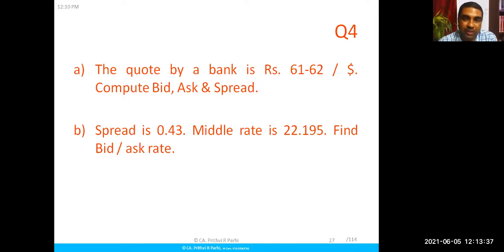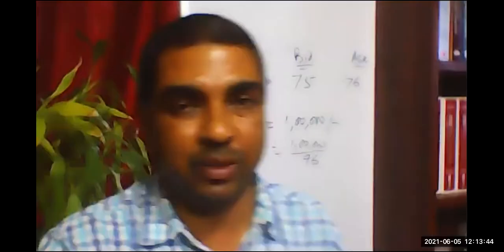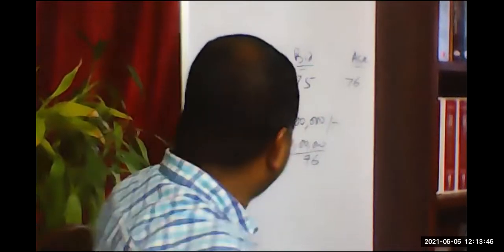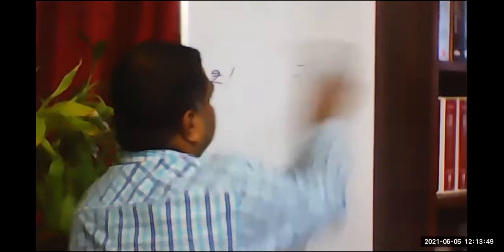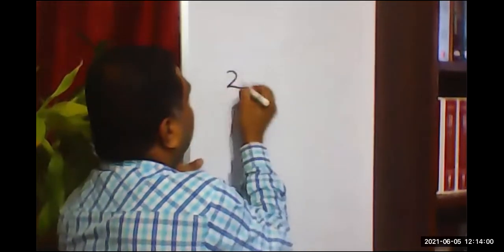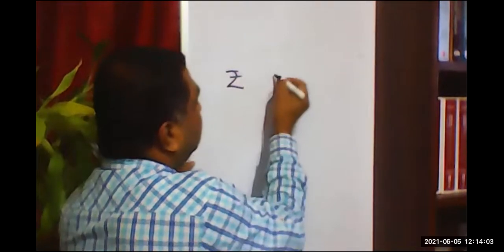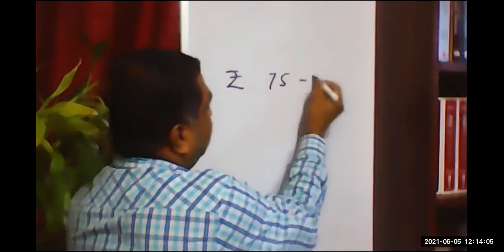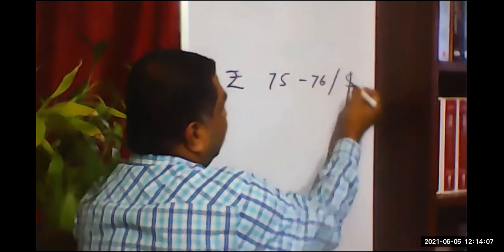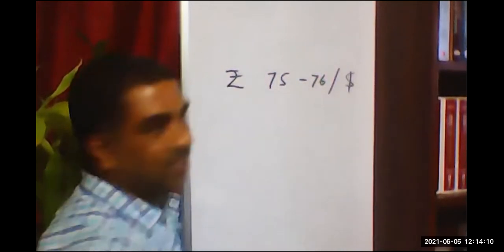So how to understand? As I told you earlier also, I think we need to explain it once again. The quote given to you was something like this. Suppose rupees 75, 76 per dollar. This is the kind of quote.